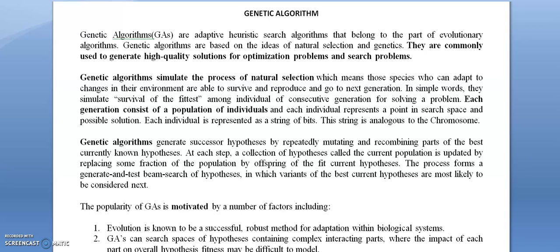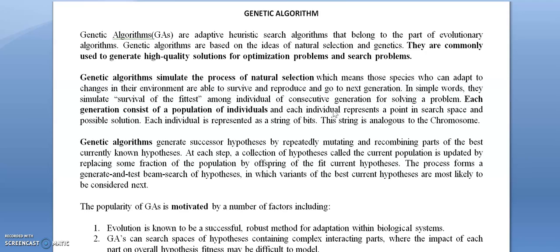Now, in genetic algorithm, the first thing we have is the population. So here it represents each of the solutions as individuals that belong to the population. Okay, so here the solution or the individual is represented as a point in the search space.